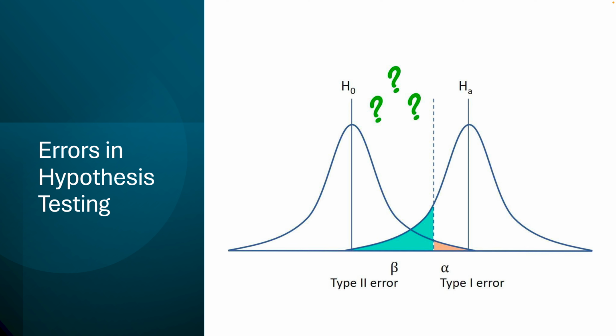Typically, a sample collected gives you only a certain degree of confidence that it has captured the population parameter. So, let's say for convention we use a 95% confidence level.